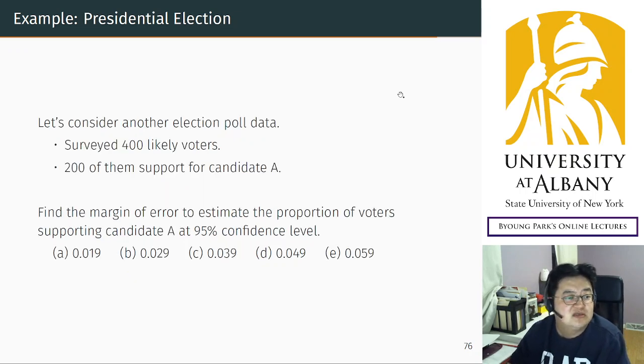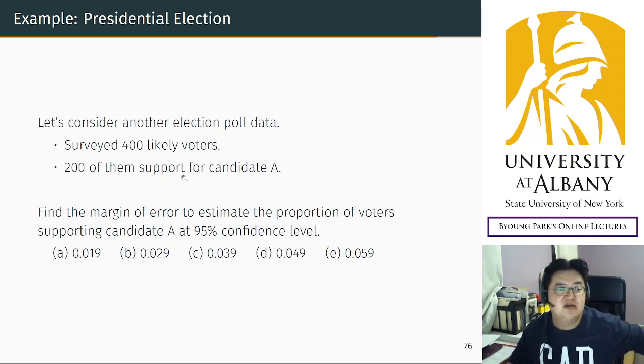And then let's consider this poll. Another numerical example for your exercise. You surveyed 400 voters, and 200 of them supported the candidate, right? And we would like to find the marginal error.